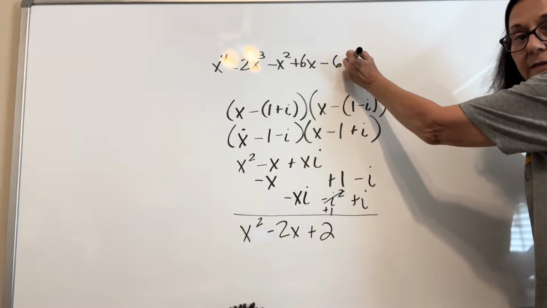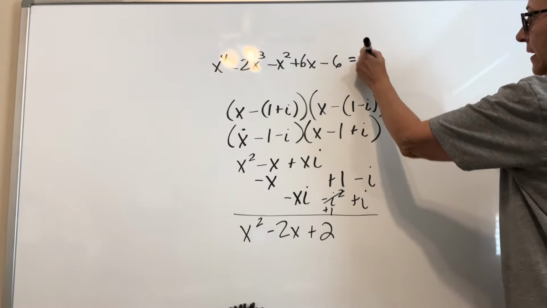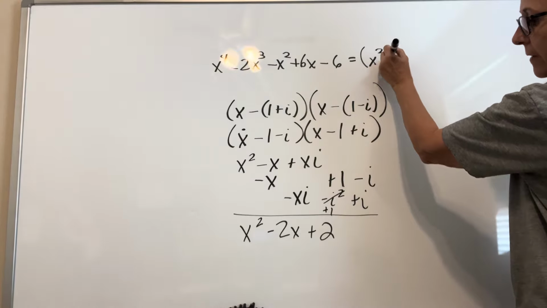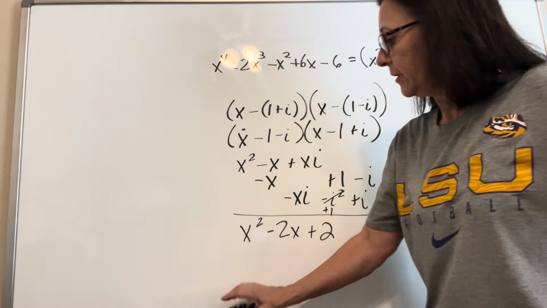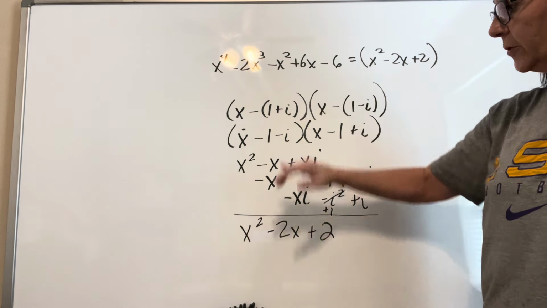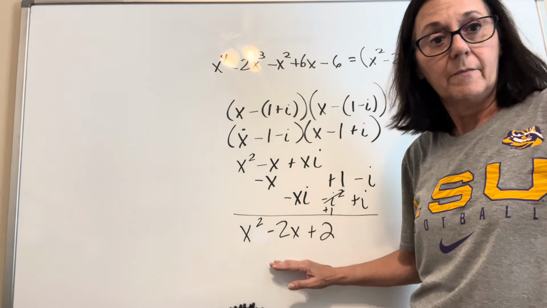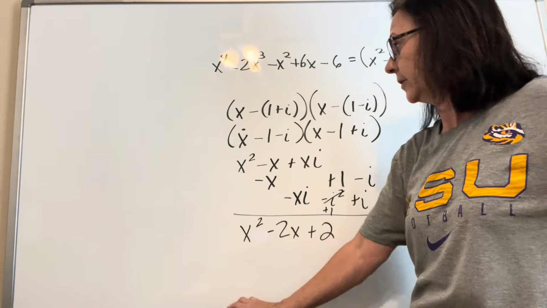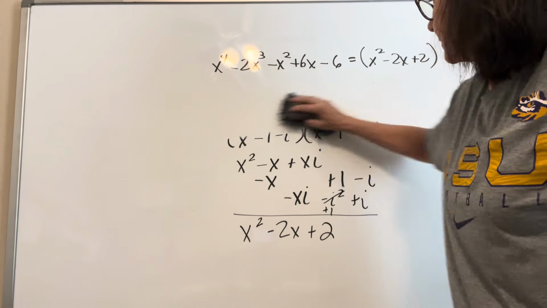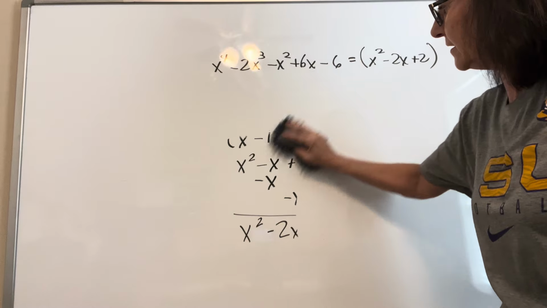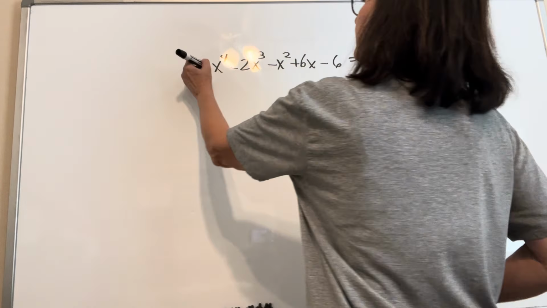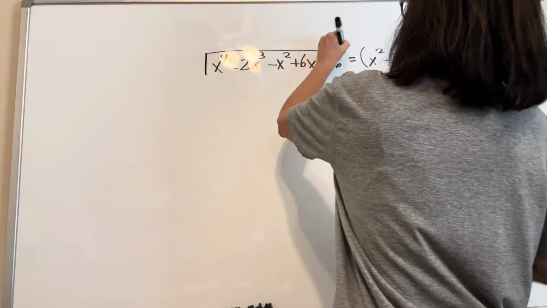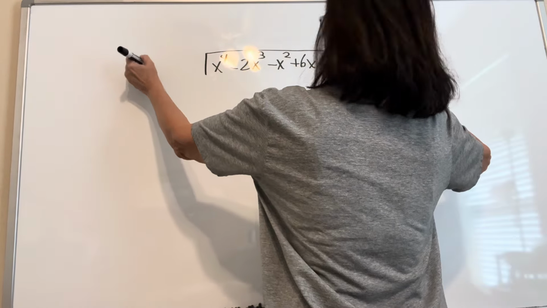So I'm going to write this over here: x squared minus 2x plus 2. And I'm going to divide this polynomial by this to get a smaller polynomial, a second degree polynomial. Can't do synthetic division because it's not a linear term.